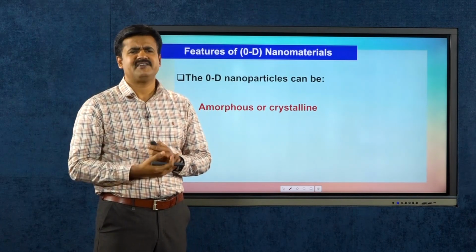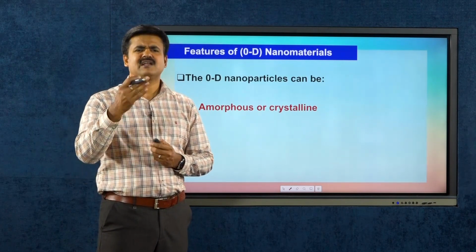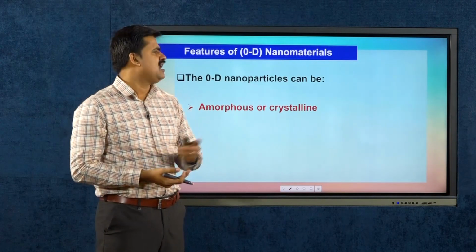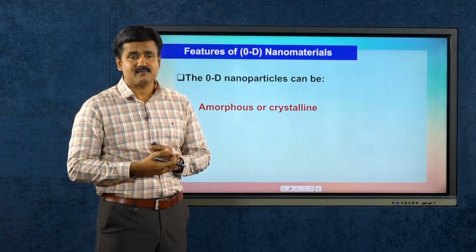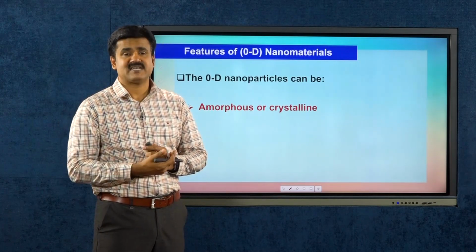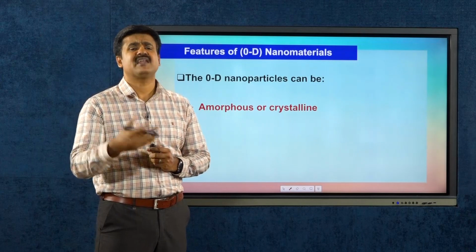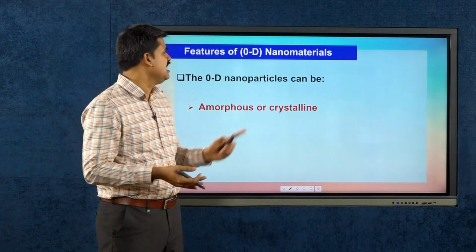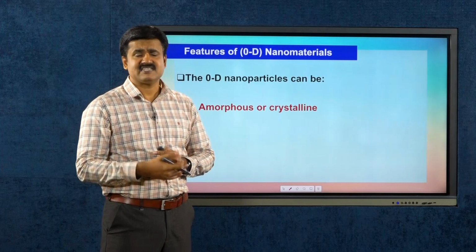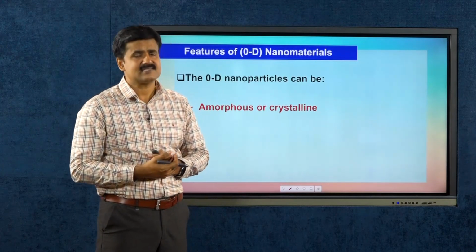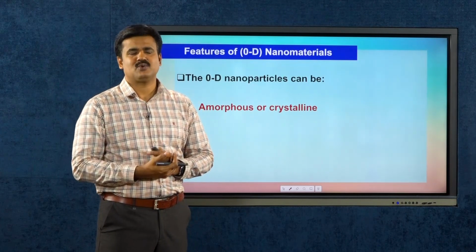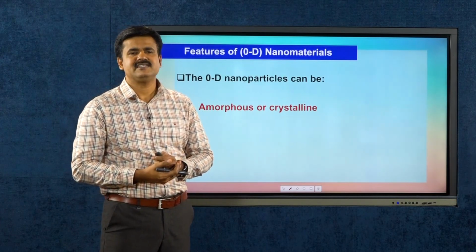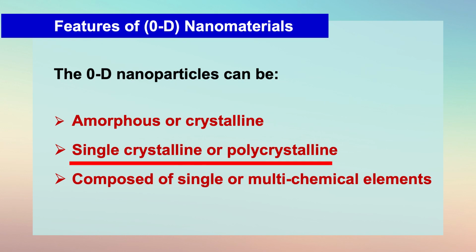They will not have any sharp melting point, regular crystal planes, etc. Opposite to that, crystalline materials have a sharp melting point, regular crystal planes, arrangement, etc. Isotropy, anisotropy, etc. are some differences between amorphous and crystalline materials that you have learned in your school classes. So, zero-dimensional material may be amorphous or crystalline, that is the first peculiarity. And the second peculiarity, it may be singly crystalline or polycrystalline.